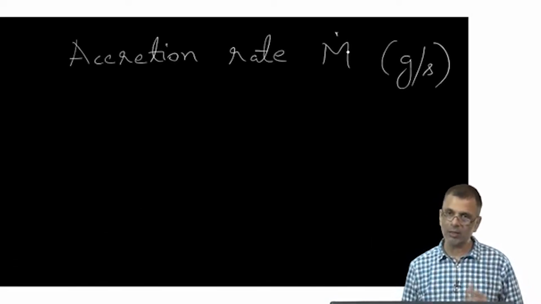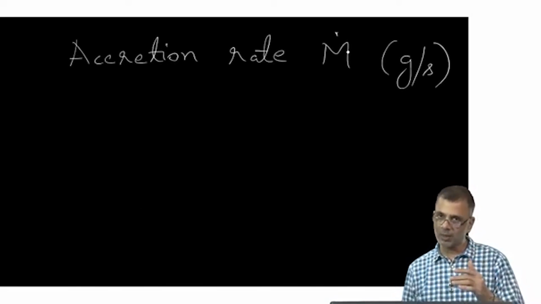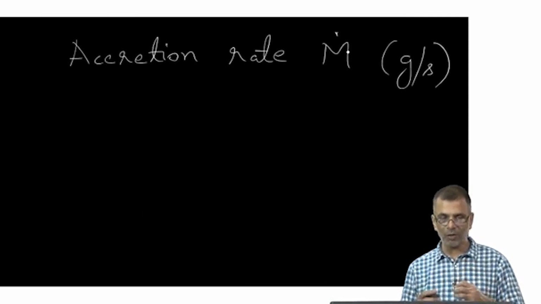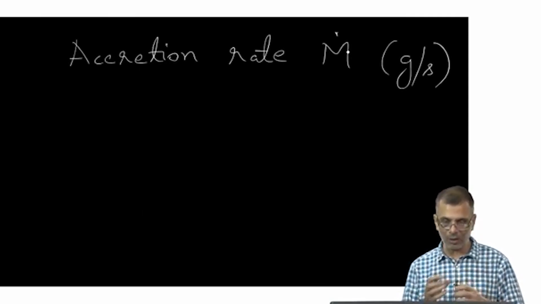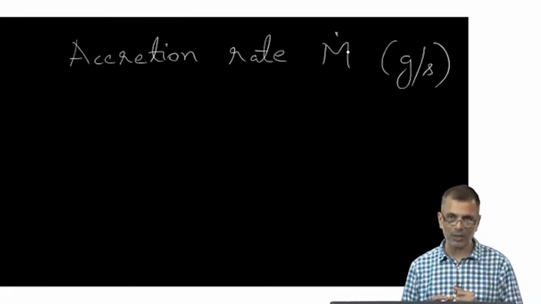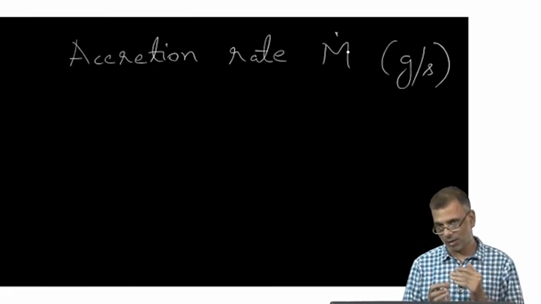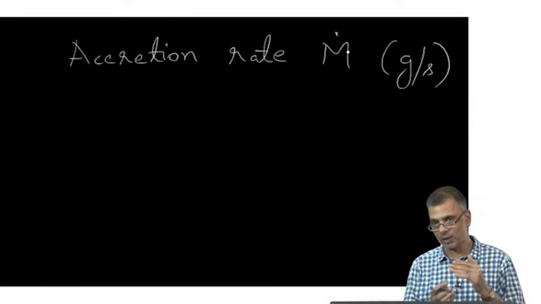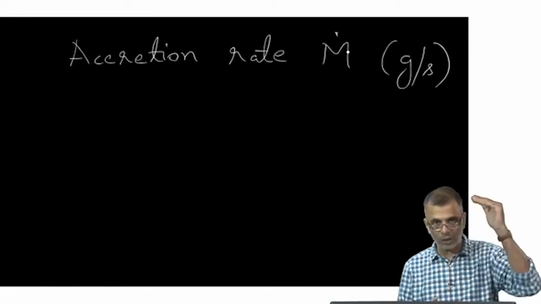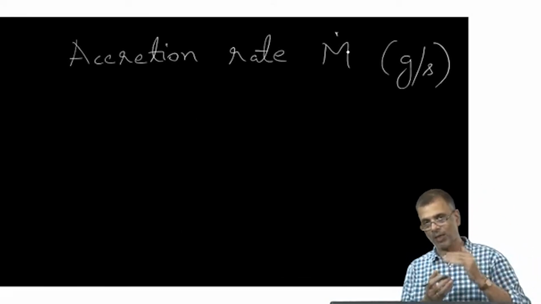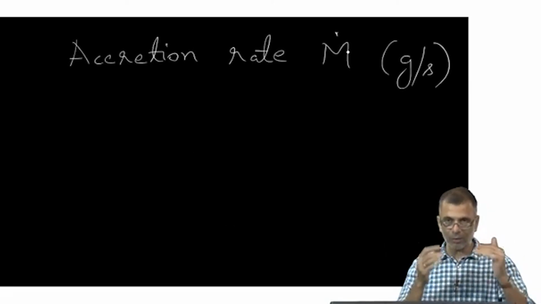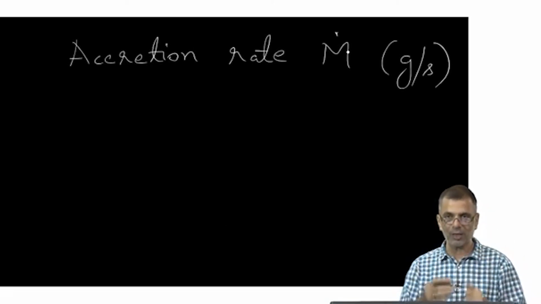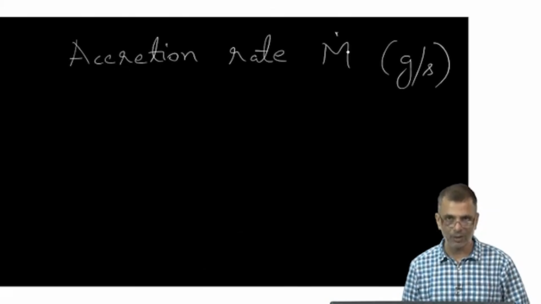You can only accrete so much matter, so that the radiation pressure due to the photons generated by the accretion process is not high enough to push the accreting matter outwards. This limiting luminosity, or limiting accretion rate, is called the Eddington accretion rate.